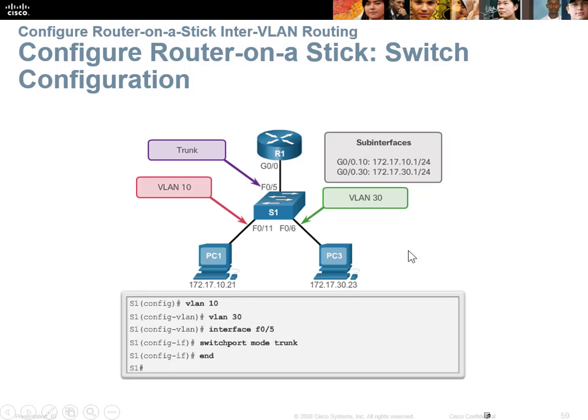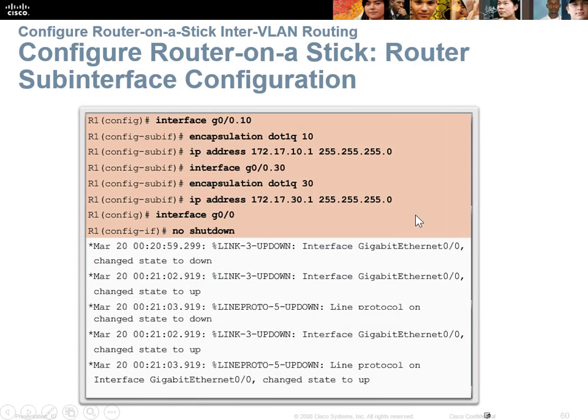Configuring router on a stick is basically VLAN, the interface you want to put it on, and switchport mode trunk, which means it's going to trunk the information from these two VLANs through the connection. To program it, you're going to do interface and the port, but in this case we're doing a sub-interface. It's going to be gigabit 0/0.1.